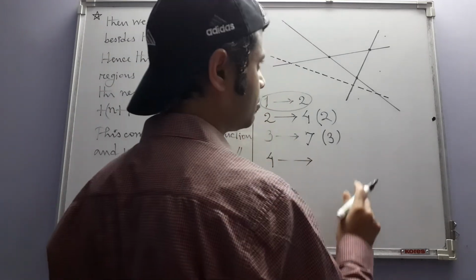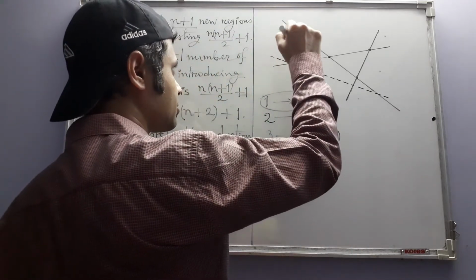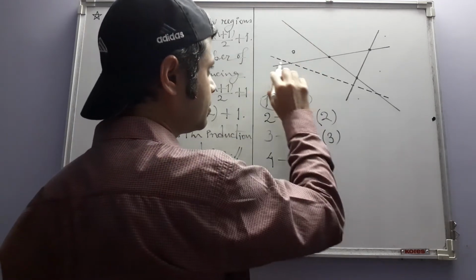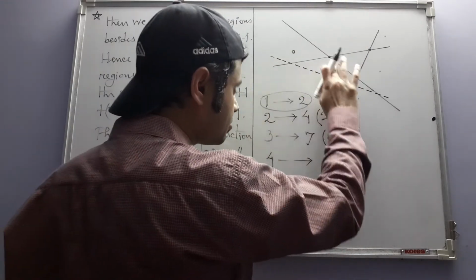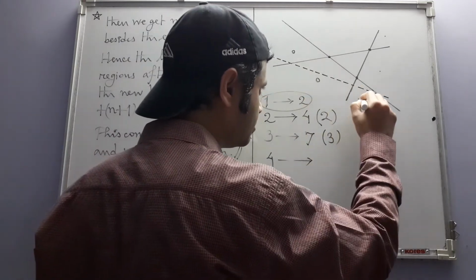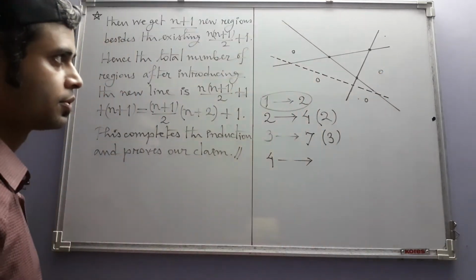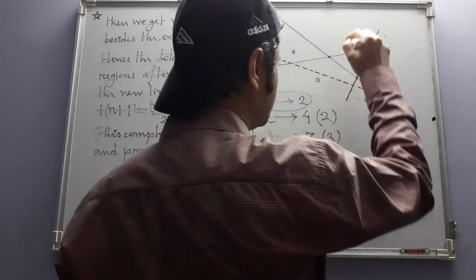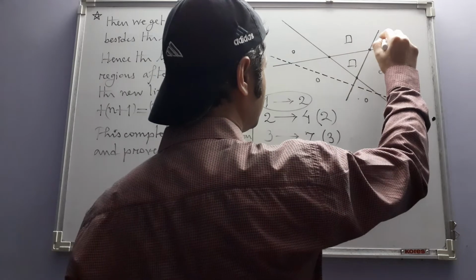Okay. Now how many regions are getting affected? This region has got affected because it passes through this 1. This one has got affected. Keep in mind, now we have this line also. This region has got affected. 2. This one has got affected. 3. This one is also being affected. 4. But the regions which are not affected are these 1, 2, 3.